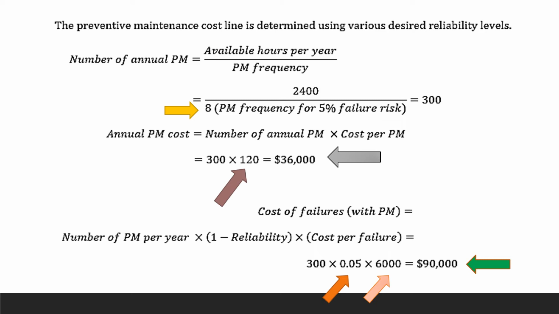That comes from the desired reliability at 5% failure. That means you're running at 95% reliability, because with 5% failure, 1 minus 0.05, or 100 minus 5, is 95% reliability.